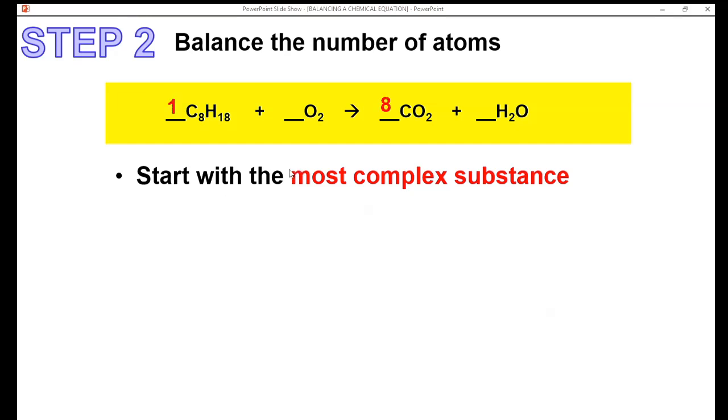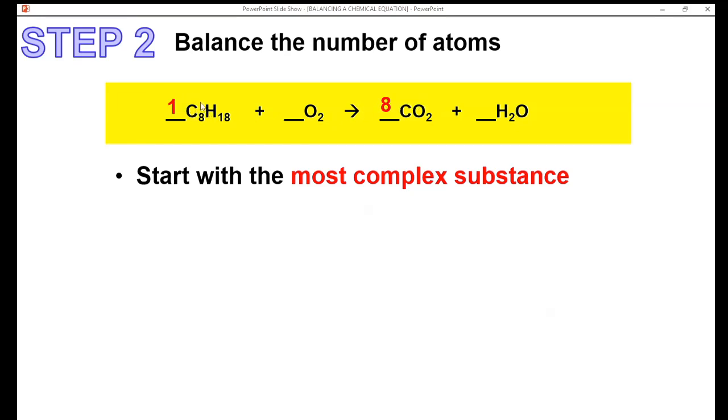To begin with, we always start with the most complex substance. We will assign octane as 1 mole. If octane here is 1 mole, it means 1 mole of octane contains 8 moles of carbon atoms. Here we have carbon dioxide.